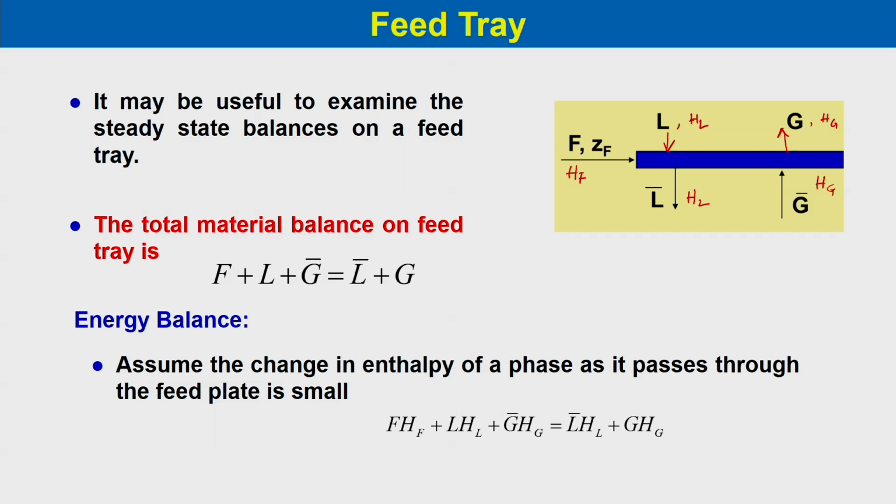This is due to the assumption that the change in enthalpy of the phases as they pass through the feed tray is small. So, we can write (L bar minus L) into HL is equal to (G bar minus G) into Hg plus F into HF.